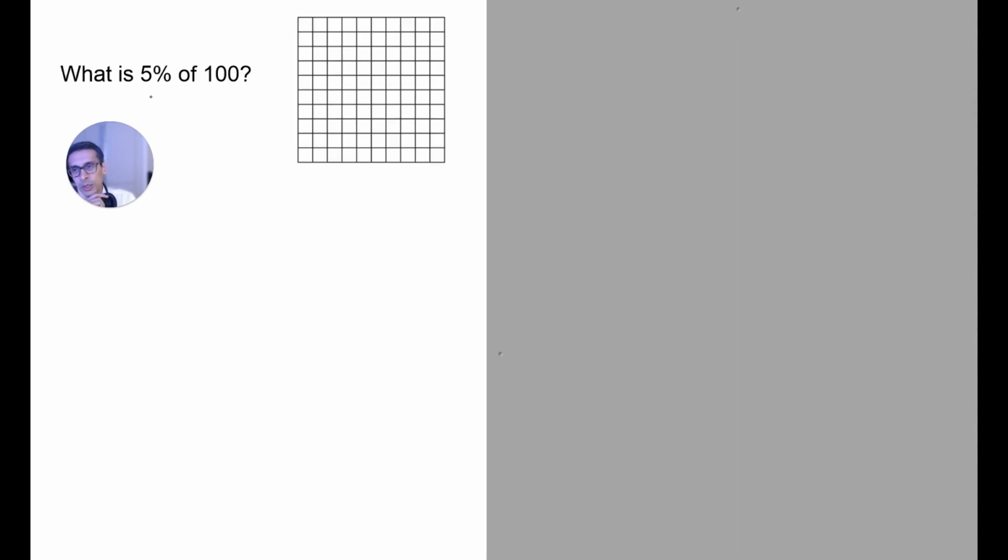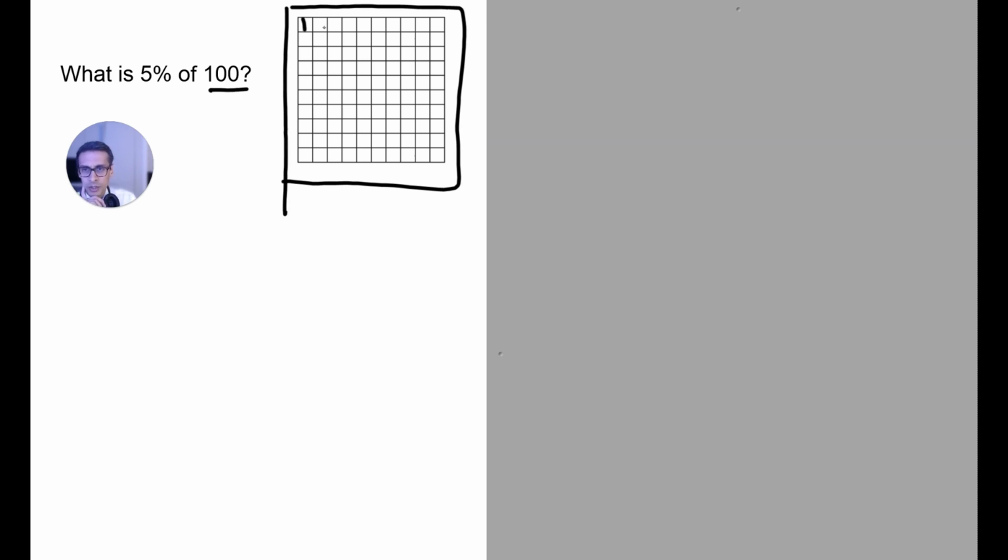So what about if you want to work out 5% of 100? It's the same process, so this represents 100, this is your whole amount. We split it into 100 equal parts, so each part is worth 1. And then we can see 5 of these ones obviously make 5, so 5% of 100 is equal to 5.